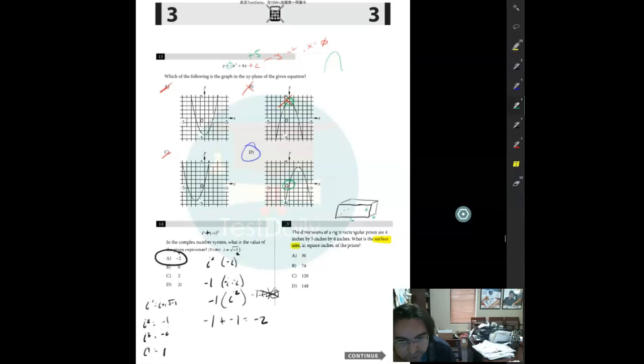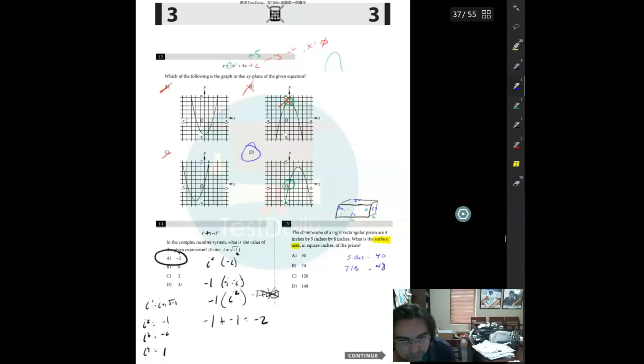So what we can then see is that for the two sides, 5 times 4 is giving me 20 on the sides of this thing, so the sides are 20 plus 20, which is 40. The top and bottom would be 4 times 6, so that gives me 24, so that's going to be 48.